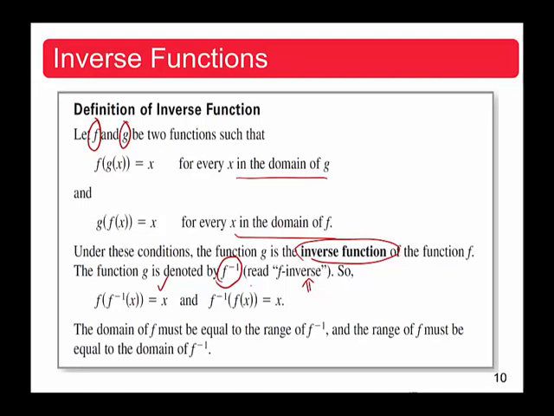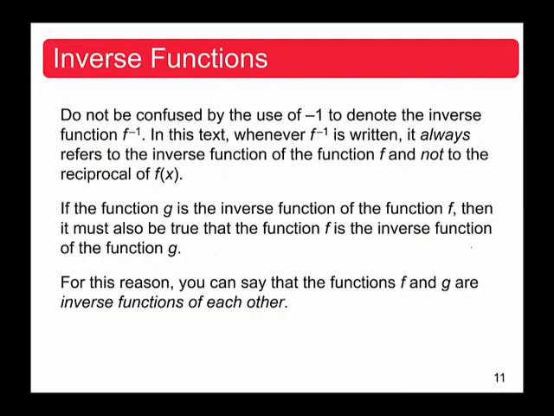So the domain of function f of x must be equal to the range of the inverse function, and the range of the original function f of x must be equal to the domain of the inverse function. So domain becomes range, range becomes domain. Those are important aspects of inverse functions. This -1 here doesn't represent a reciprocal, it represents inverse.